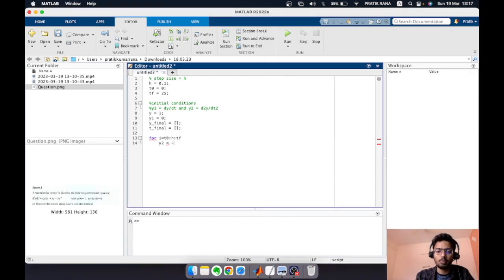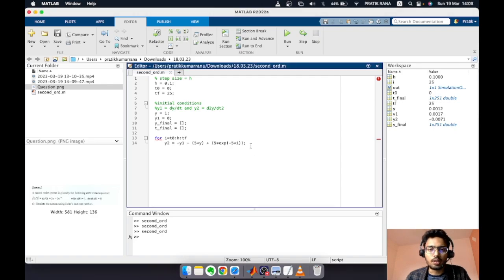So this will be minus y1 minus 5 times y plus 5 into e to the power minus 5 into t. So t in our case is the iteration variable i. It is denoting the time at each step, or the time step. So it should be 5i.